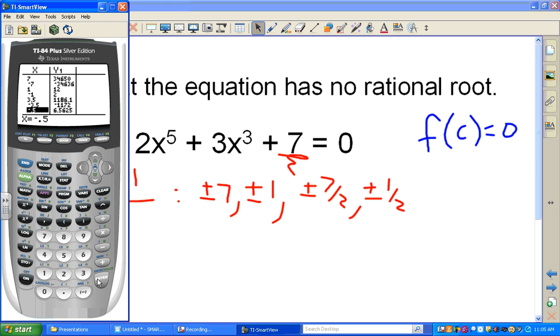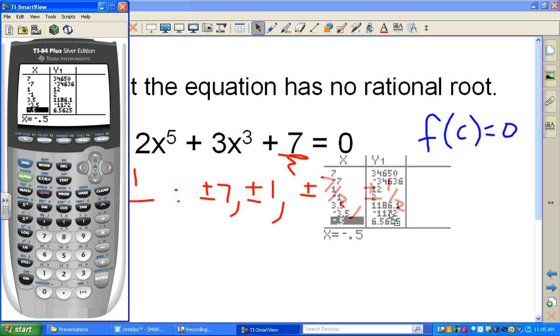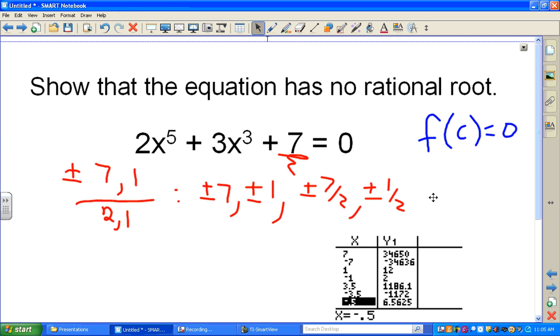Could it still have a real root? Absolutely. But it doesn't have a rational root because none of those equal 0. And that would be your work. You just say none have function value equals 0.